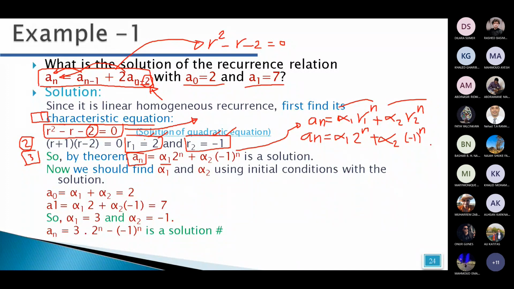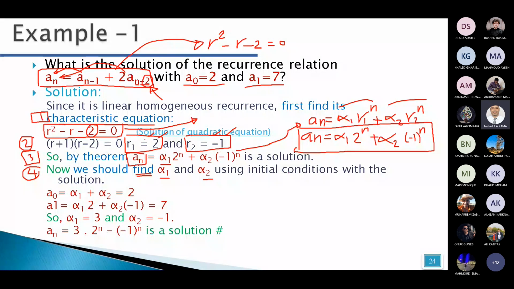Okay. This is a solution, but it's not complete. Why is it not complete? Because we did not get alpha 1 and alpha 2. We have to find the values of alpha 1 and alpha 2. So this is step number 4, which is to find the values of alpha 1 and alpha 2.